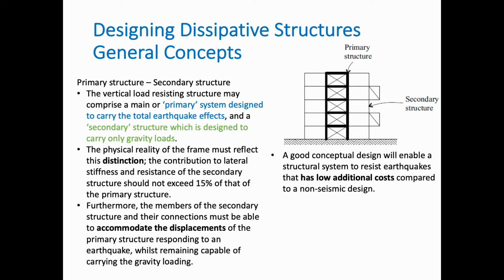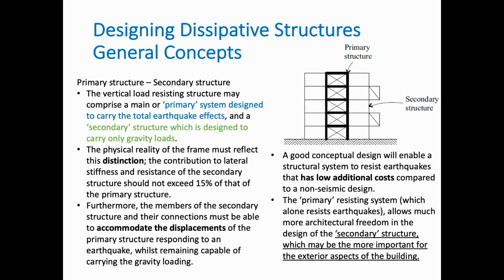We should not over-design our structure because of the seismic loads that we've got. The primary resisting system allows much more architectural freedom in the design of the secondary structure, which may be the more important for the exterior aspects of the building. So have these in your mind when you are designing a seismic resistant steel structure, that you need to distinguish the primary and the secondary one.